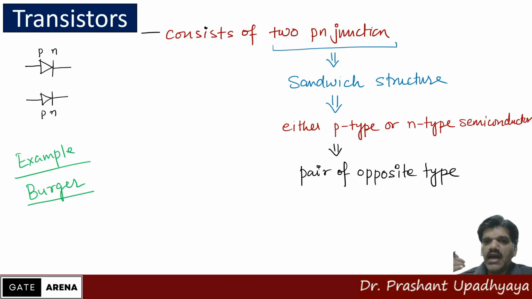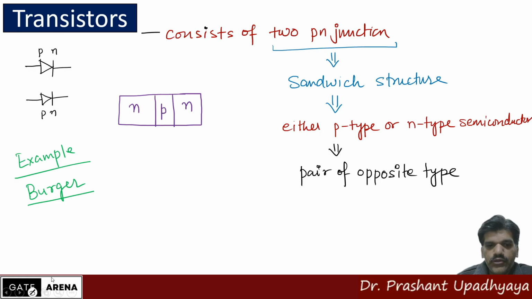In a similar way, when we are talking about this transistor, we say that this transistor has got a sandwich structure. We will be having one n and one n here, so I'm drawing it here, and then we will be having a p in between. For the sake of convenience, I'm just drawing it like this.